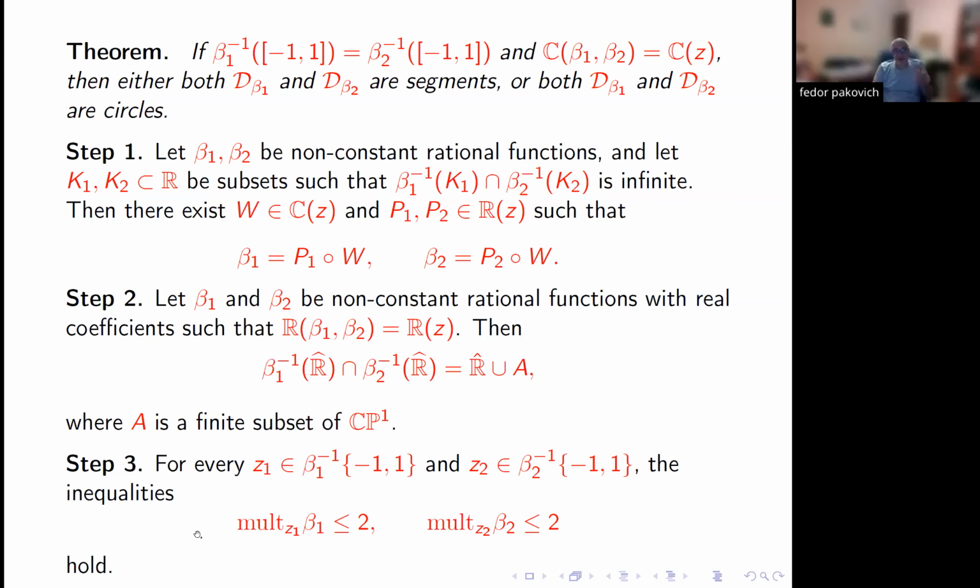And eventually, in the last step, because you know this fact, you see that all multiplicities of your Belyi functions should be at most 2. Because if you had something like 3, you would obtain a kind of star with three edges, and such a star cannot sit in the real line. Okay, thank you. I finished.